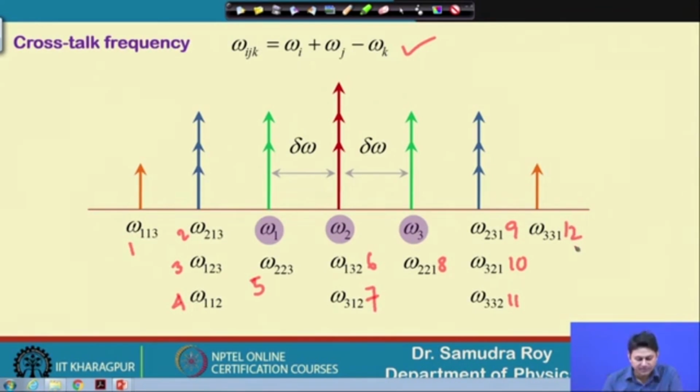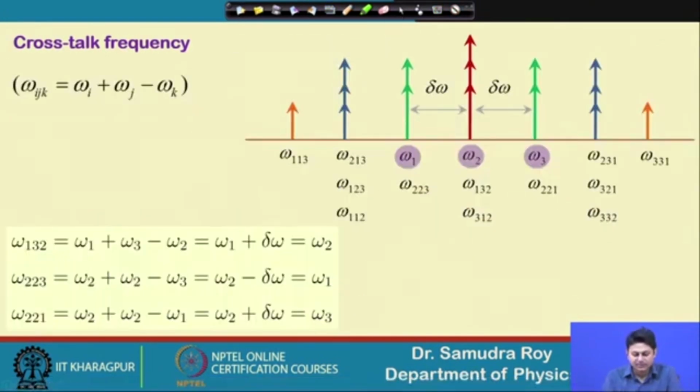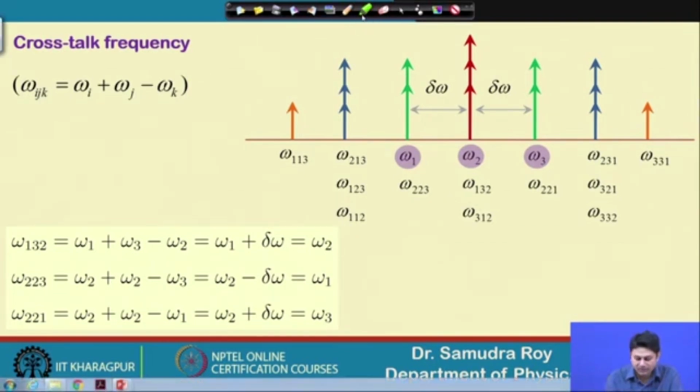How these will be distributed, let us try to understand quickly in our last slide. This is the matrix of the frequencies, and now we try to understand how these frequencies are located. For example, let us start with omega 132. How is this frequency generated?